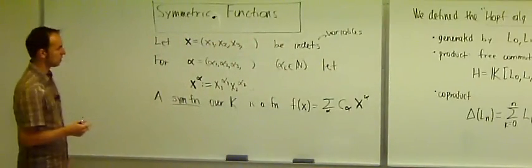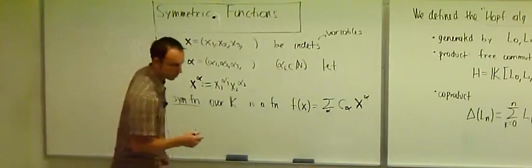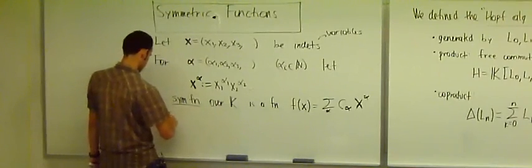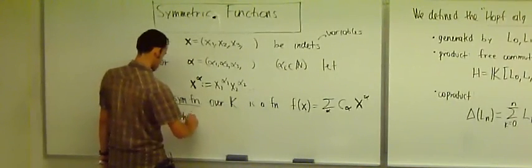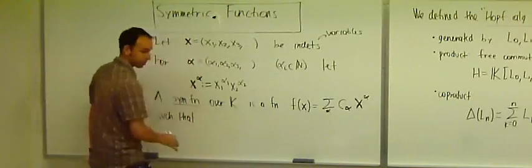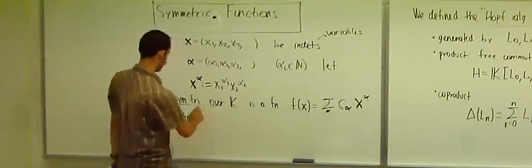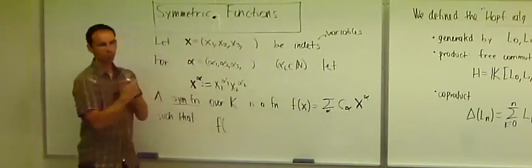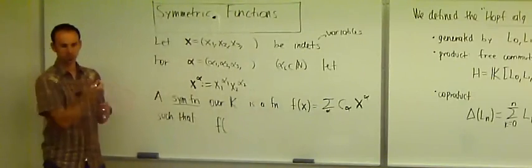Now, such that if you permute variables, you should get the same function back. Okay?